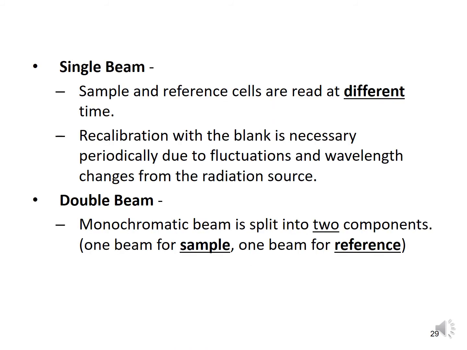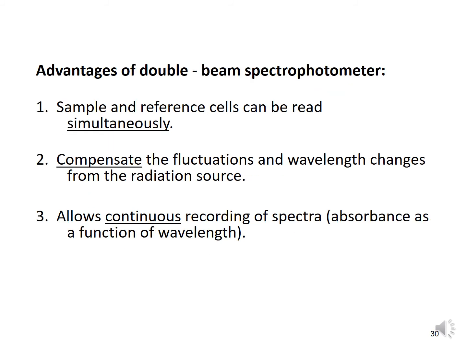So this is the thing that I mentioned just now, so just read it. This is the advantage of the double beam spectrophotometer. When you have a double beam spectrophotometer, the sample and reference cell can be read simultaneously, so you don't have to wait for a long time. You can simply run your sample and your reference cell. In this case, the reference cell is your blank solution.